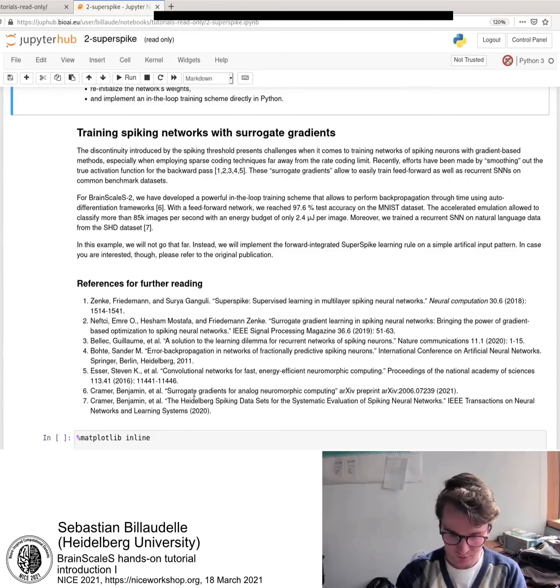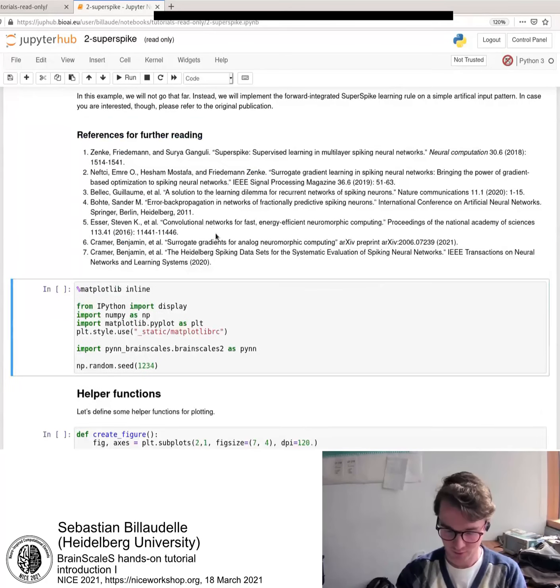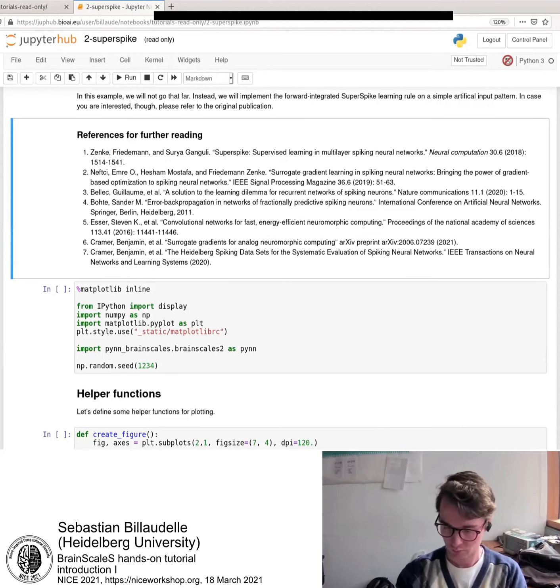We just published that, or updated the manuscript to include some more information, for NICE on Monday. So it's on arXiv now. Here we actually train networks on hardware to perform benchmark tasks such as MNIST, or also with recurrent networks on audio data, the Heidelberg spiking digits.